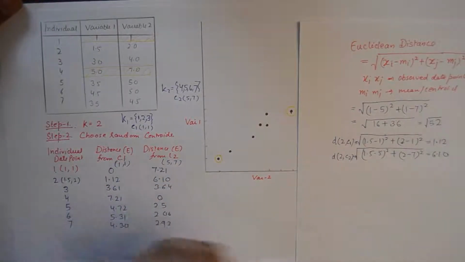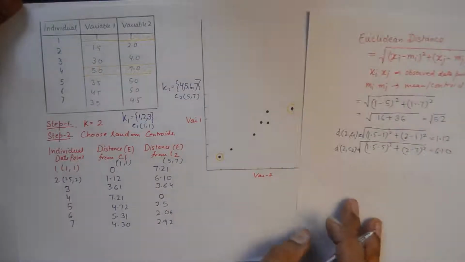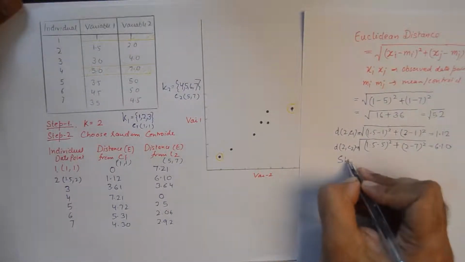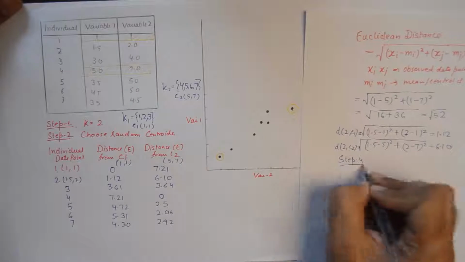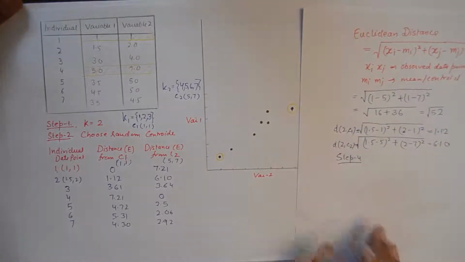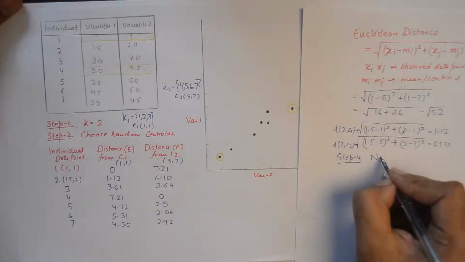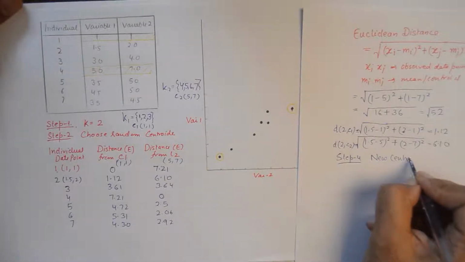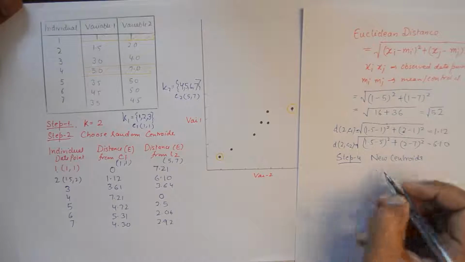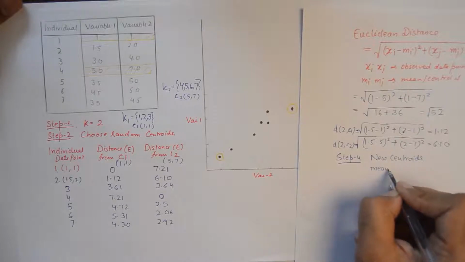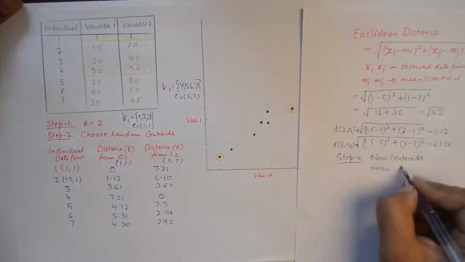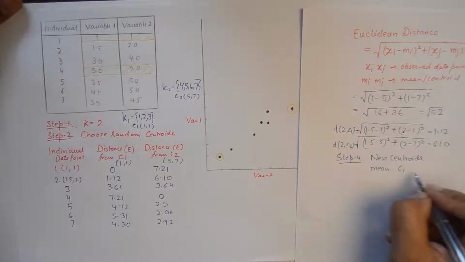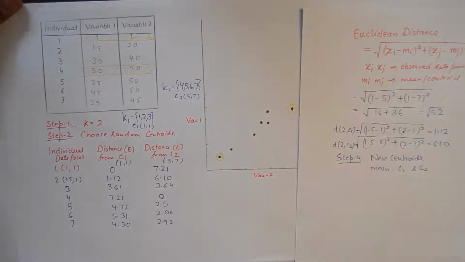Now this was the first iteration. In the second iteration, which could be our step number 4, what we need to do is obtain new centroids, and the new centroids will be the mean of the C1 and C2 clusters.